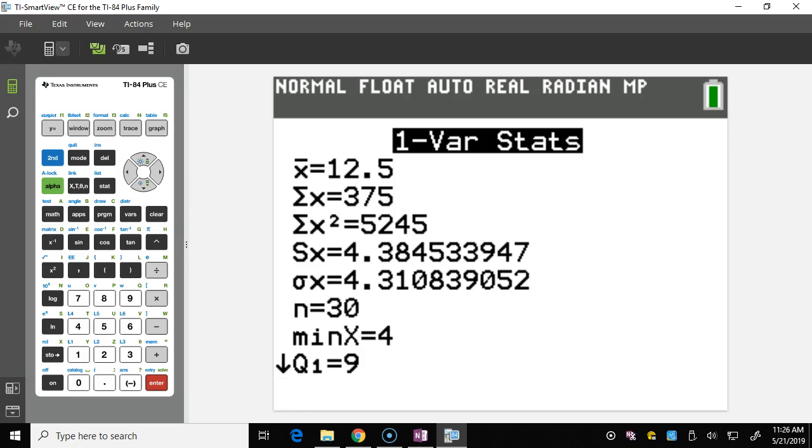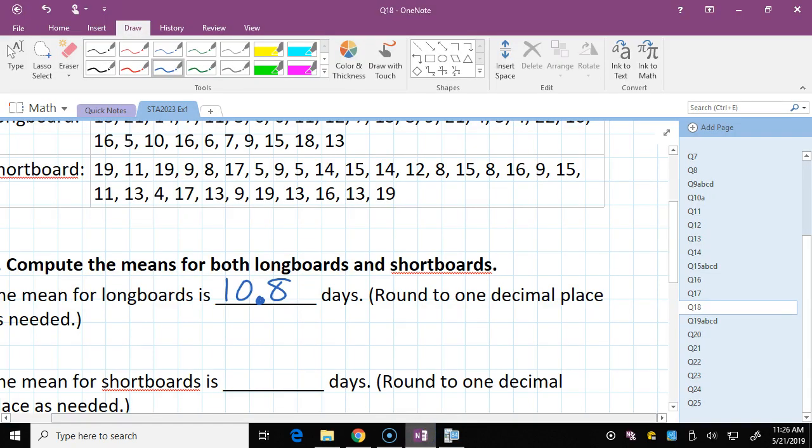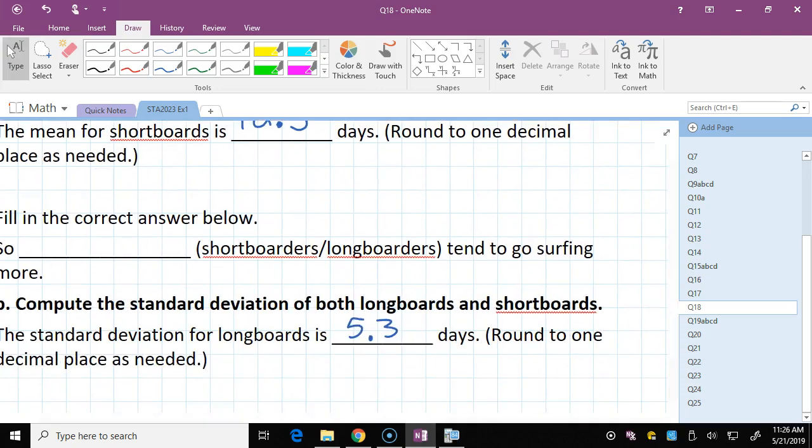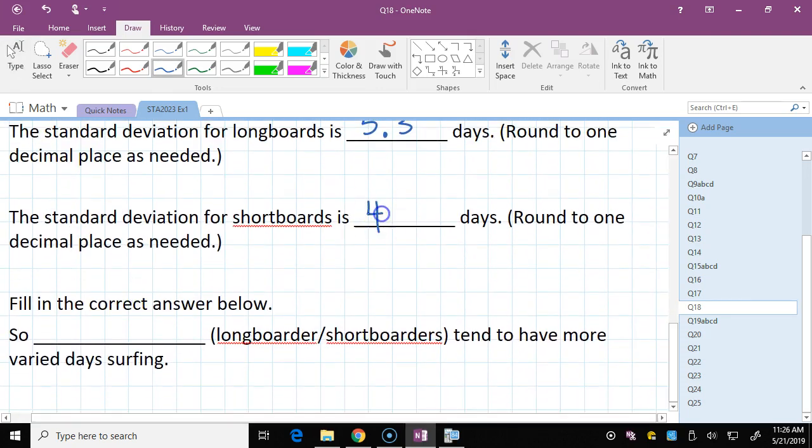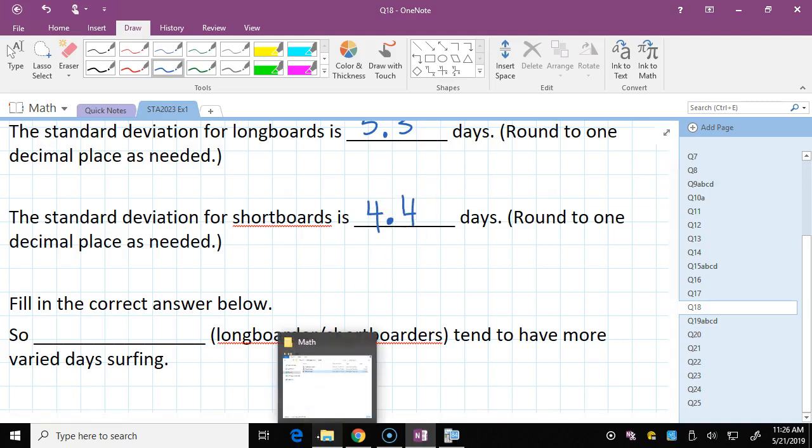What is the standard deviation? Again, rounded to the nearest tenth. 4.4. 12.5 and 4.4. So we'll come back and fill that in. 12.5 and 4.4.